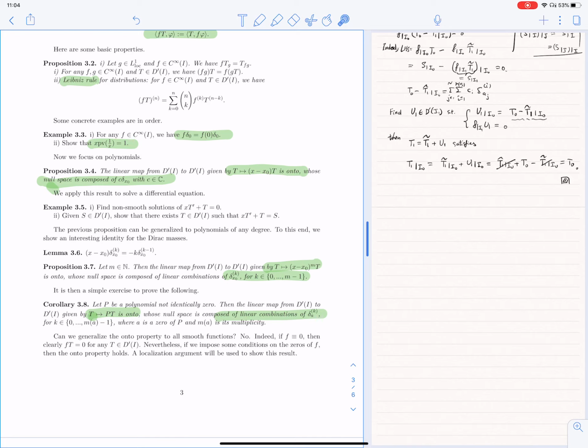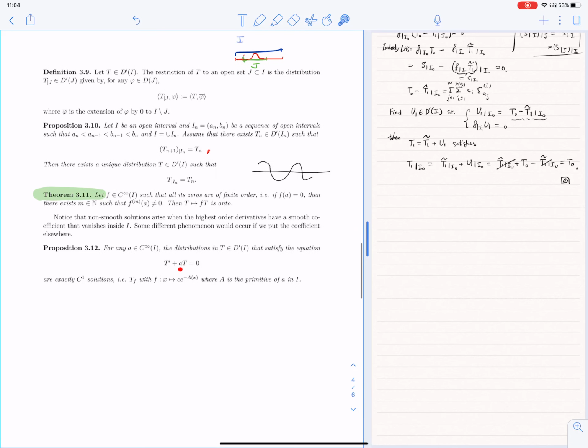This is what we did for this example. Some different phenomena would occur if we put this smooth function not multiplied by the highest order derivative, but multiplied by something else. Then we realize that if we put a together with T instead of T prime, then the only solutions to satisfy this equation would be C1 solutions. So try this out. It's really simple.